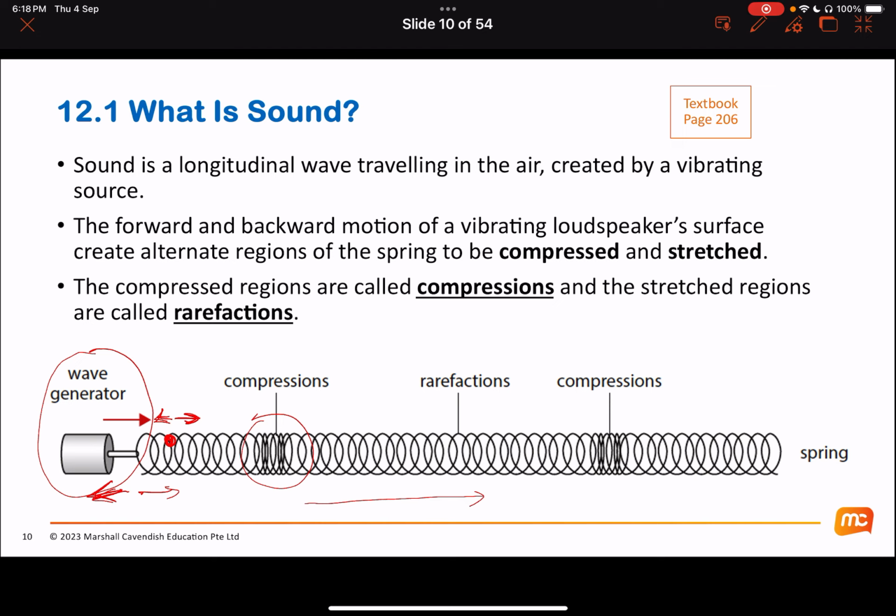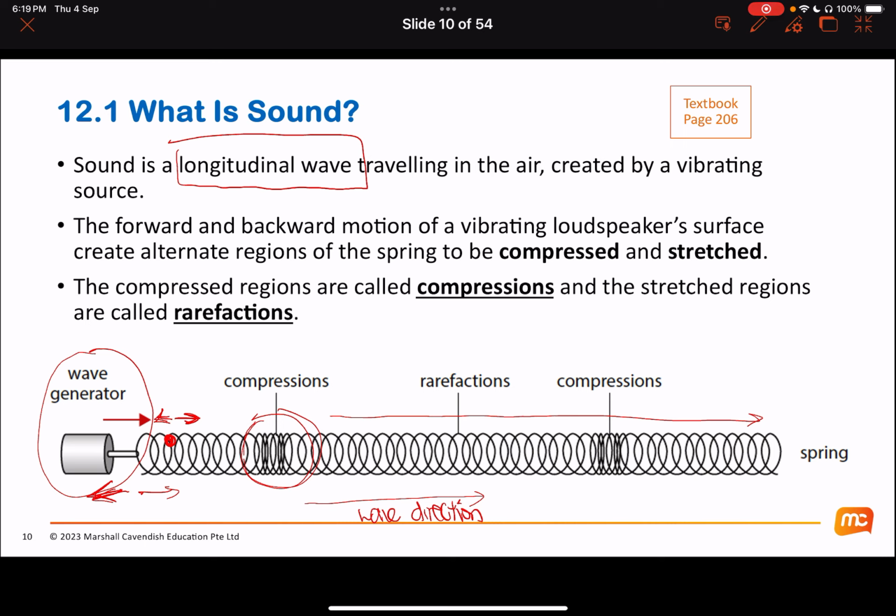So this forward and backwards motion, coupled with the wave direction, gives this series of compression traveling across to the other end. Since they have a parallel direction, we also call this a longitudinal wave. Please take note, you need to know how to spell it accurately.